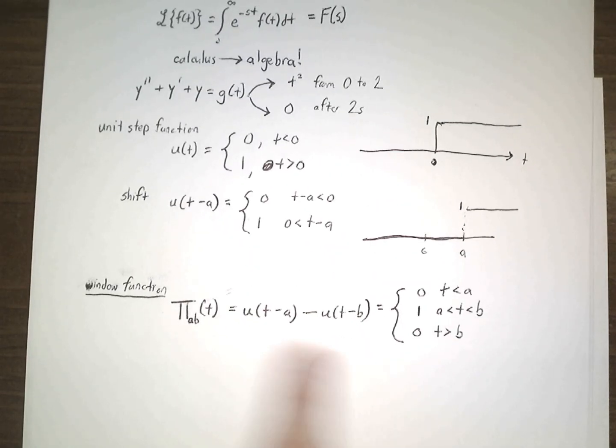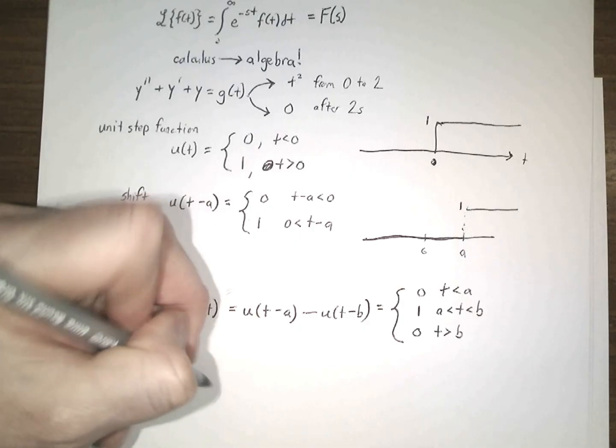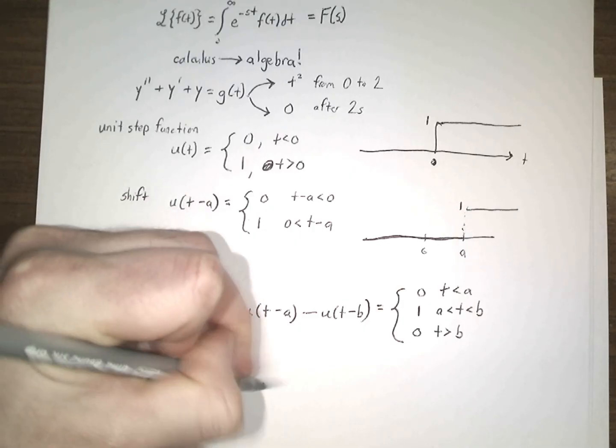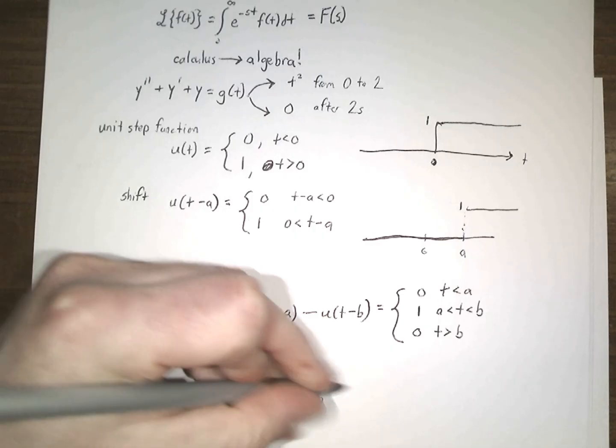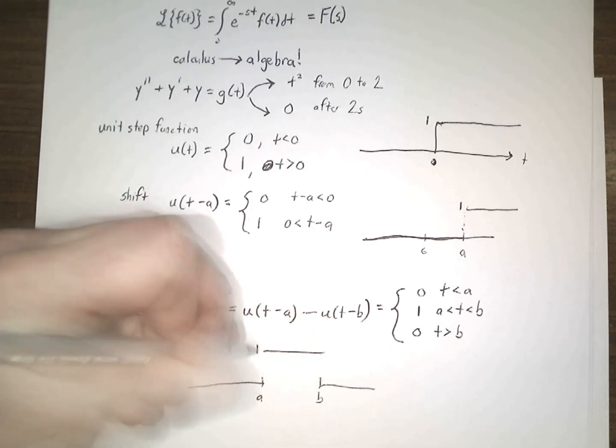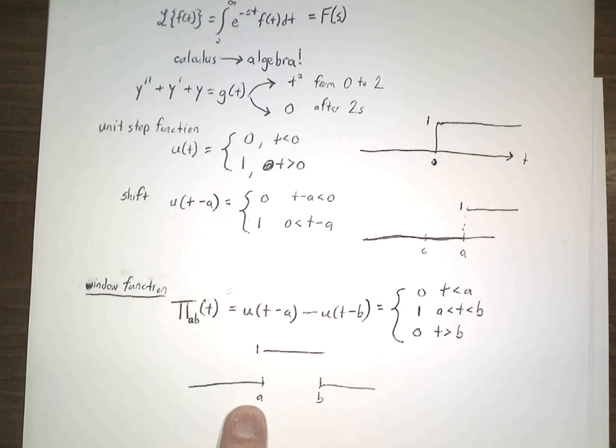So by creating a combination of step functions, I can now make a window function such that it's 0 less than a, 0 greater than b, and it's the unit step equal to 1 everywhere in between.